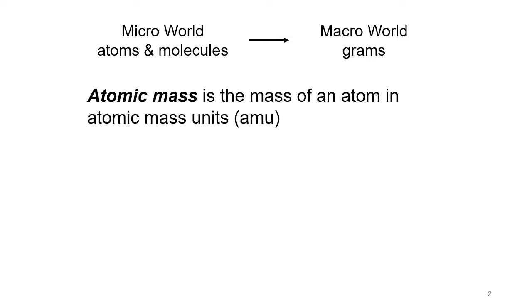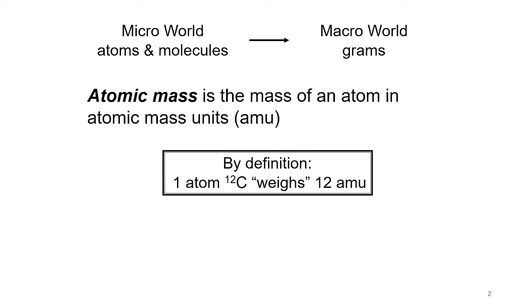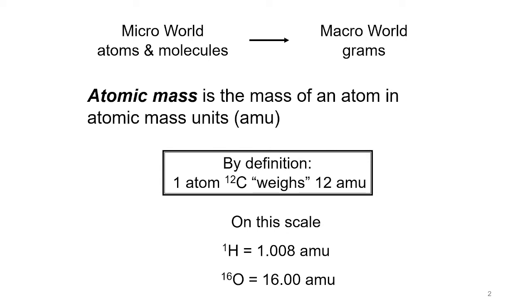By definition, if you look into the atomic mass of carbon, one atom of carbon 12 weighs 12 atomic mass units. Also, if we have hydrogen 1, we have an atomic mass of 1.008. And if we have oxygen 16, we have 16 atomic mass units. So that is our atomic mass.